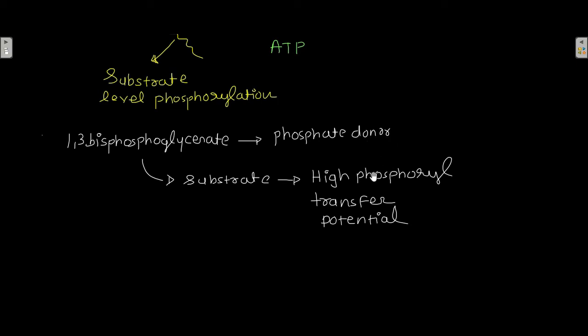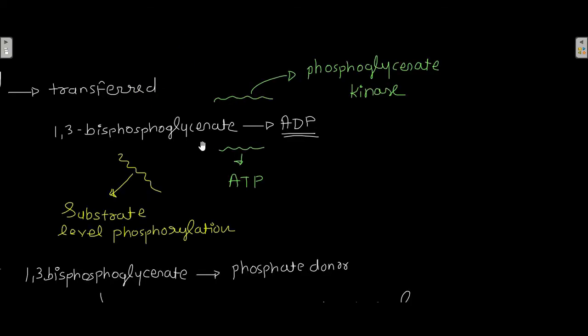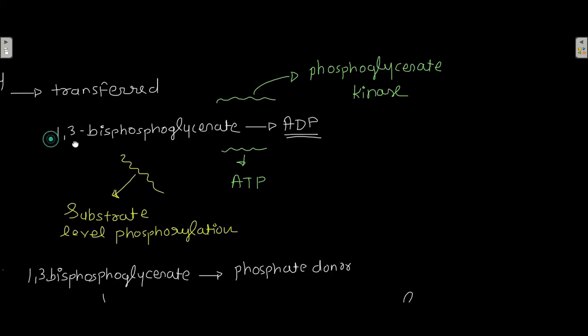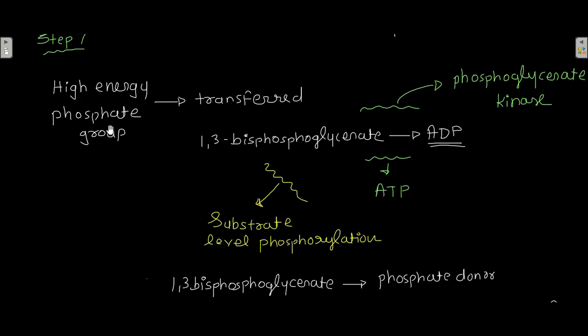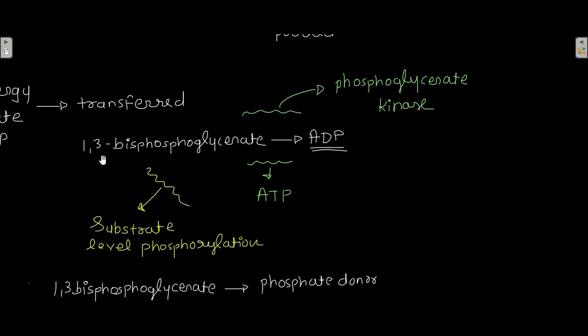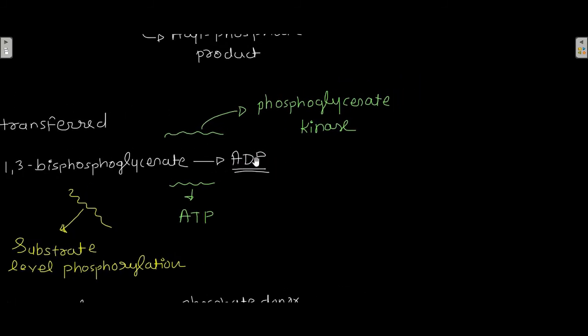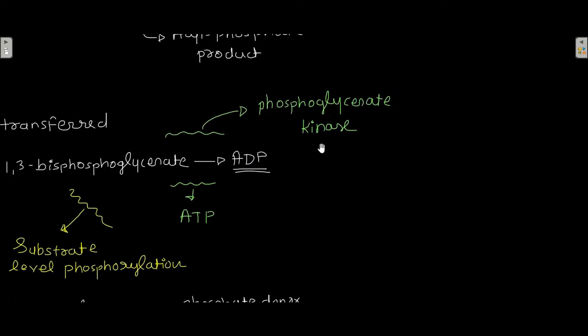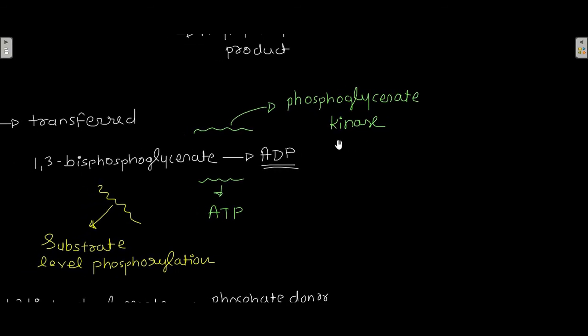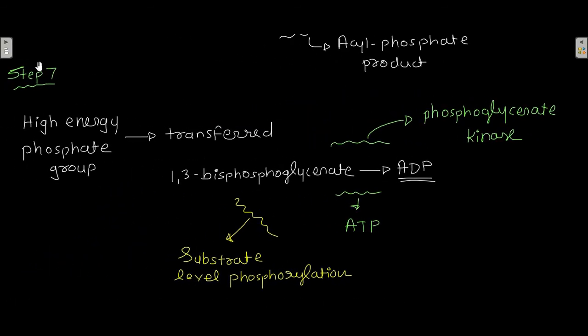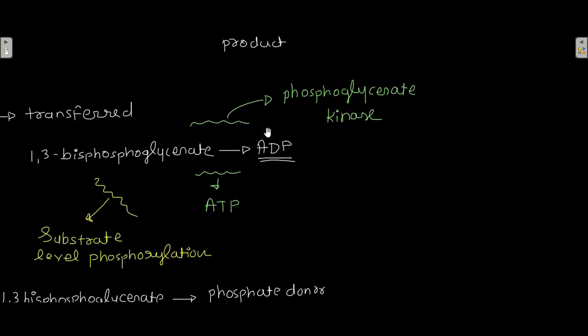Well, it has high phosphoryl transfer potential. This transfer of the high energy phosphate group from 1,3-bisphosphoglycerate to ADP is catalyzed by the enzyme phosphoglycerate kinase. So step 7 is catalyzed by phosphoglycerate kinase of glycolysis.